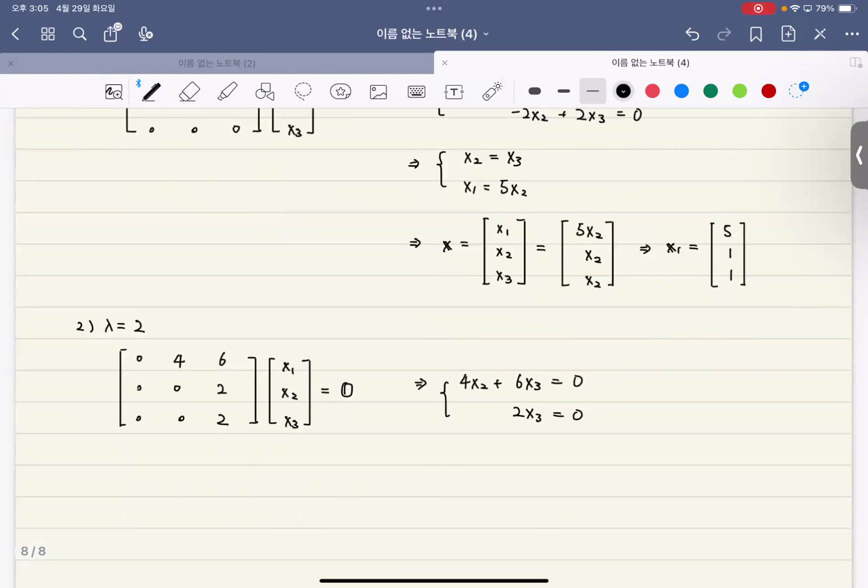Since x3 equals 0, therefore x2 must be 0. So x2 and x3 are both zeros.